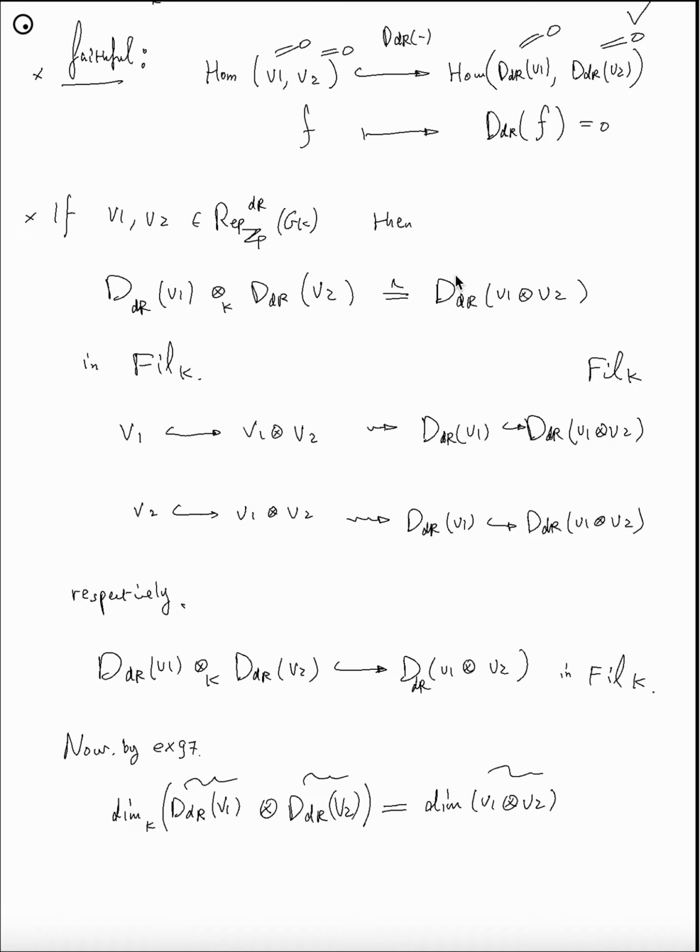But then if you compare this with the de Rham of this, the question is whether this is again a de Rham representation, and so we compute and compare the dimension. In general, this is less or equal than that.